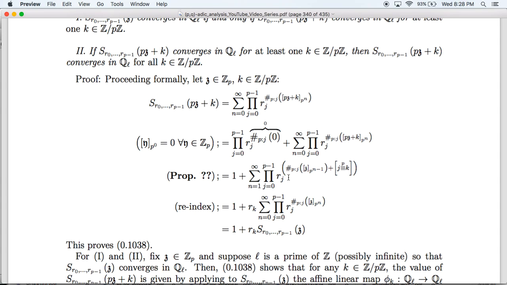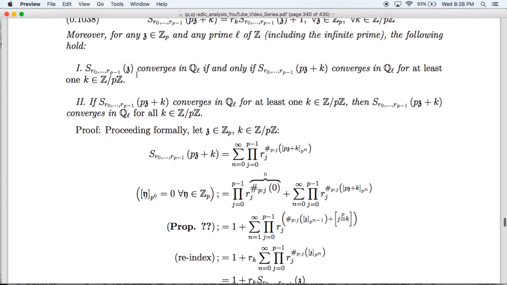This acts like the indicator function, so this will be 1 when j is congruent to k, and so the only term here that survives is when j is equal to k, and we accrue a factor of Rk. Then we reindex by increasing n by 1, and we get that. And this proves 1.